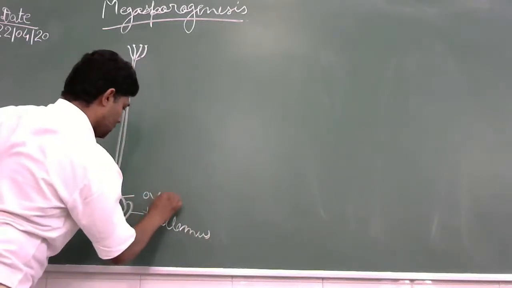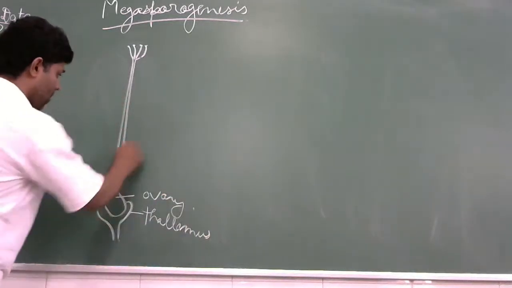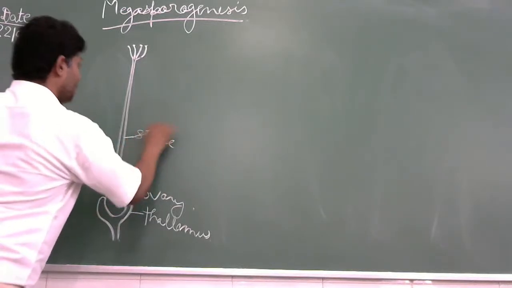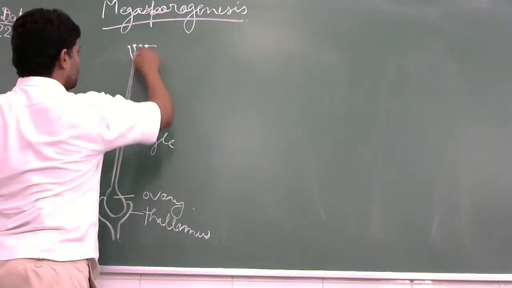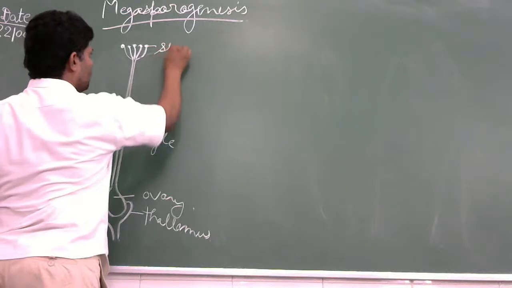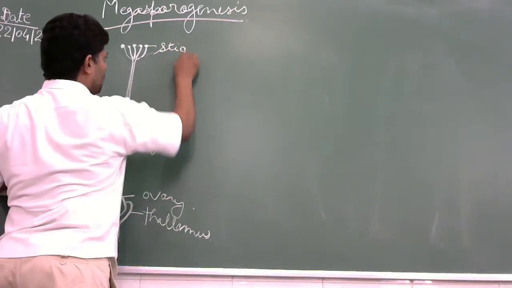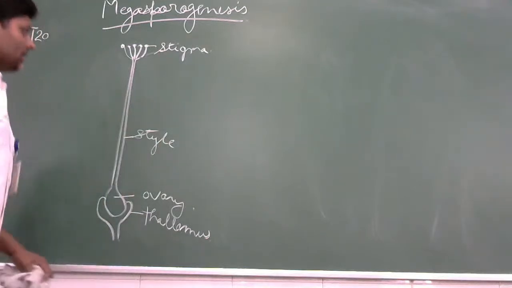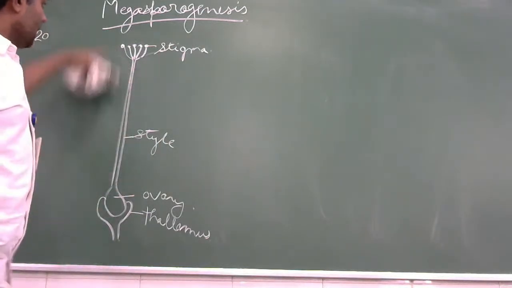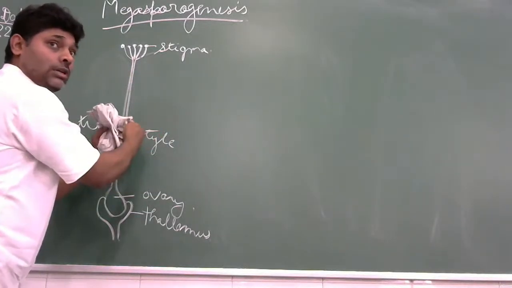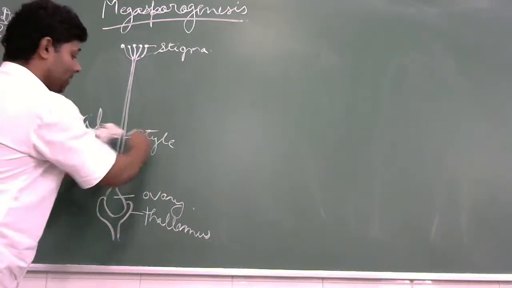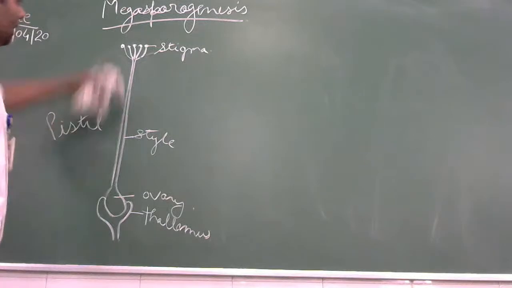This is the stigma, this is the ovary, the style, and this is the stigma, right? So this is the structure of a carpel or pistil. This is the pistil. And if many such pistils are fused, then it is syncarpous, and if they are free, then apocarpous. Further, we will discuss this.